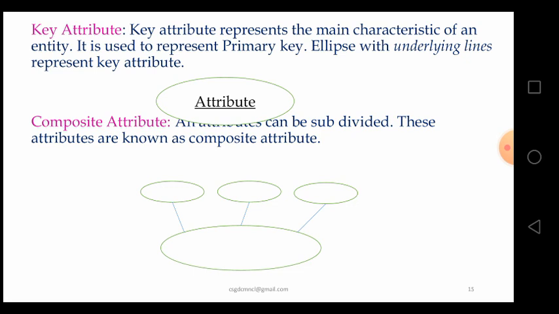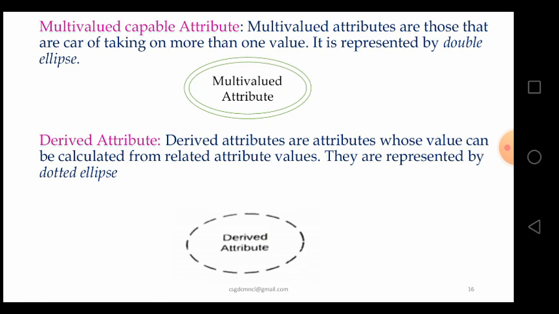Next, composite attribute. An attribute can be subdivided. These attributes are known as composite attributes. Multi-valued attribute.